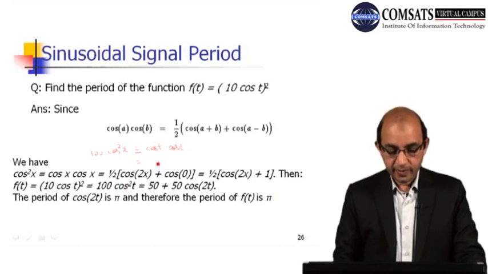So we'll be having 1 by 2 and that will be 100 divided by 2, cos 2t plus 1, that is equal to 50 plus 50 cos 2t.